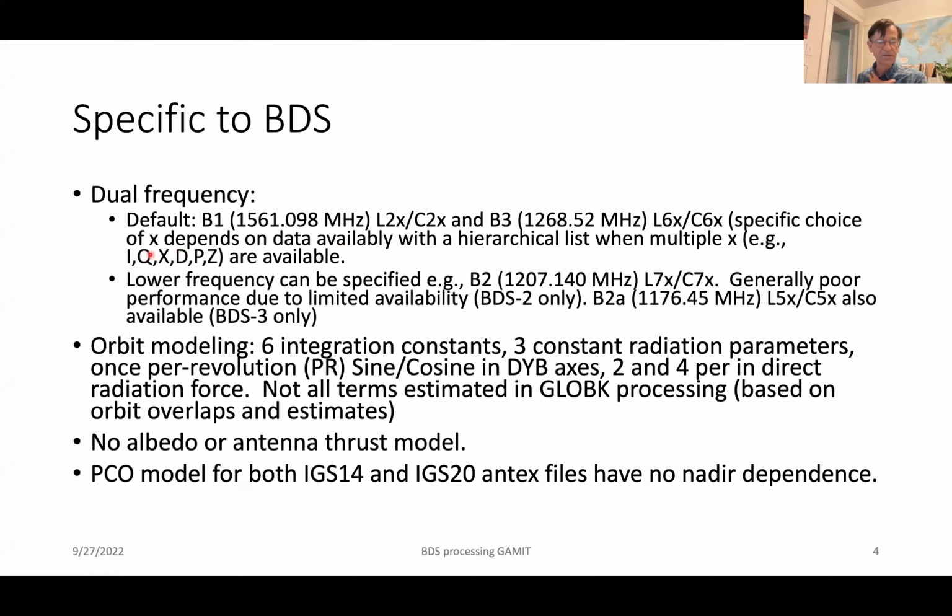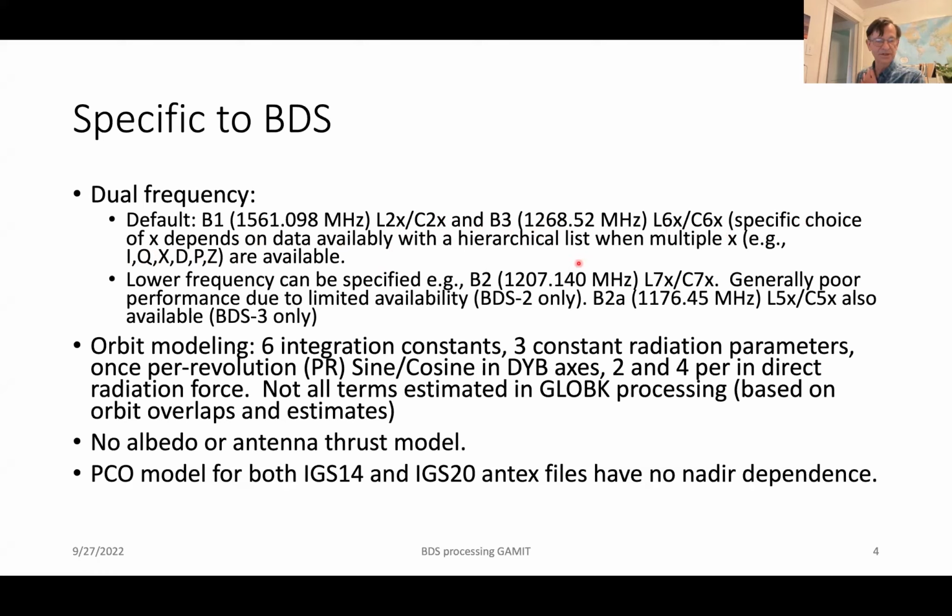We have a hierarchical list of observation codes, I, Q, X, and D, P, Z, which are the RINEX 3 standard names, and depending on what's actually in the receiver, we choose different ones. Our default for the second, lower frequency is the B3 frequency, which is at 1268 megahertz. In RINEX 3 this is L6 and C6.